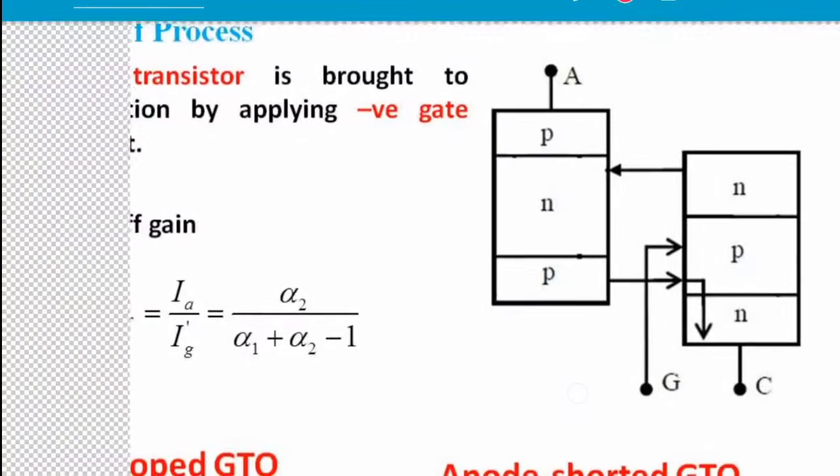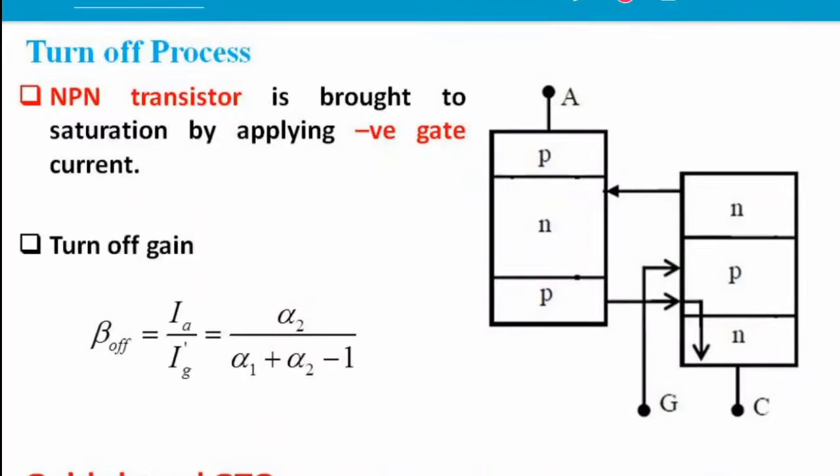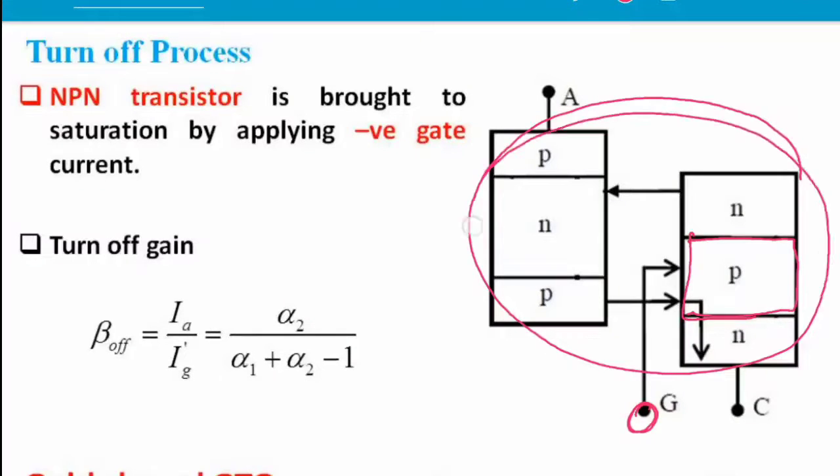So this is the two transistor model, and the NPN transistor is brought to saturation by applying negative gate current so that it will turn off the GTO. How? If we apply negative here, then this p layer will get saturated and this will turn off the whole device. It will block the current flow.